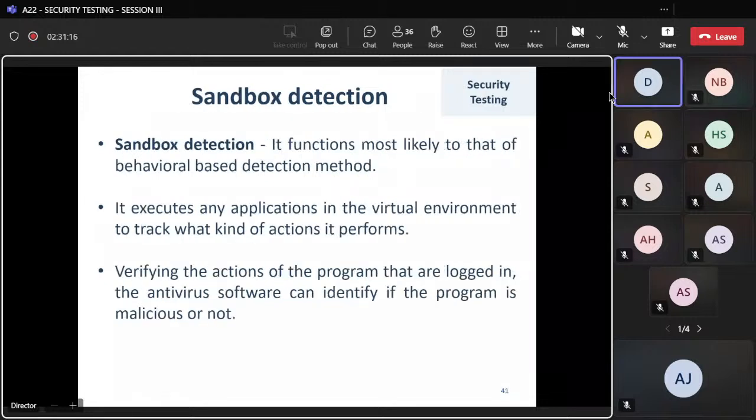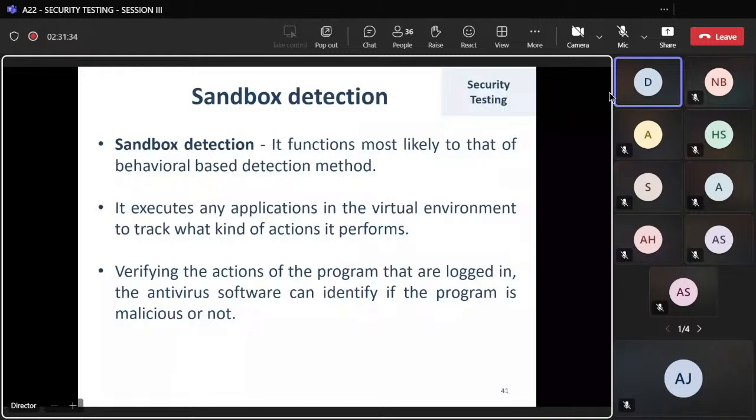And sandbox detection, where applications will be run in a kind of virtual environment. This is to track what kind of actions it performs, like any kind of malware analysis. So that will be done in the test environment.